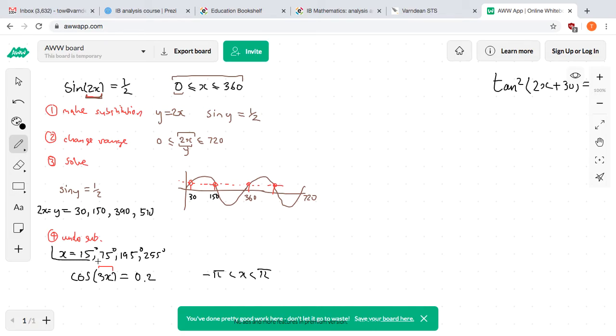And on your graphics calculator, you can actually check this. If you're doing the calculator paper, you can do this on your paper. What you do is you go onto graph mode. I can't show you this, unfortunately, but you go into graph mode and you type in y equals sine 2x.